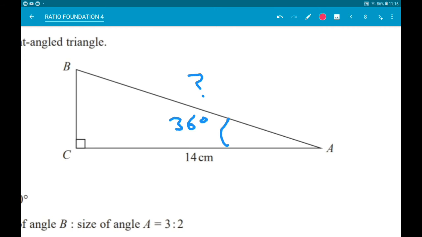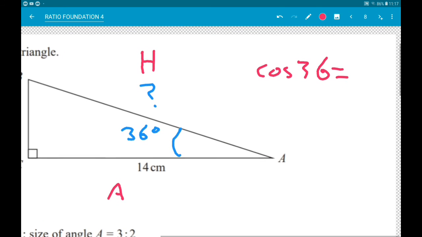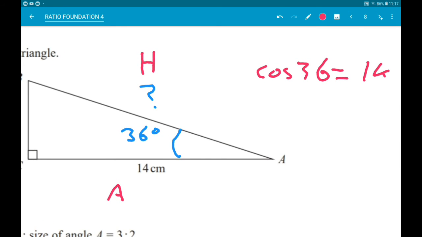So we have the adjacent and the hypotenuse. So that means it's cos. So we get cos 36 is equal to the adjacent, so 14 over the hypotenuse.